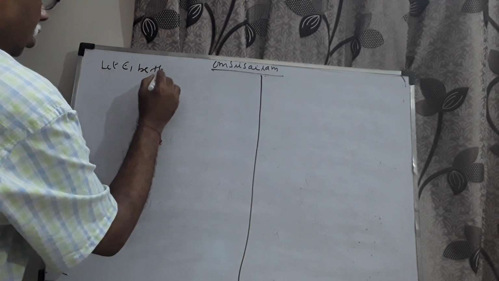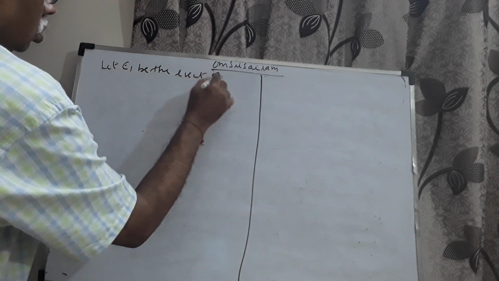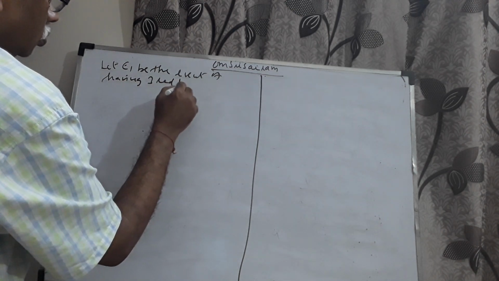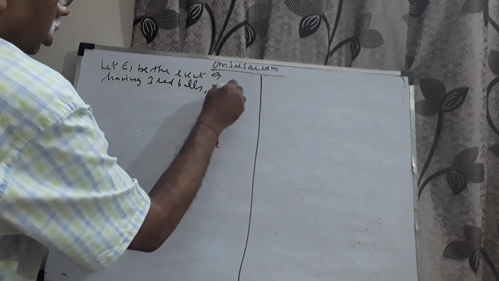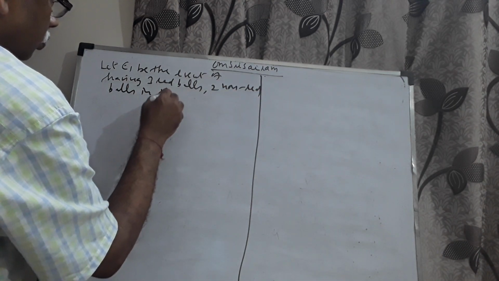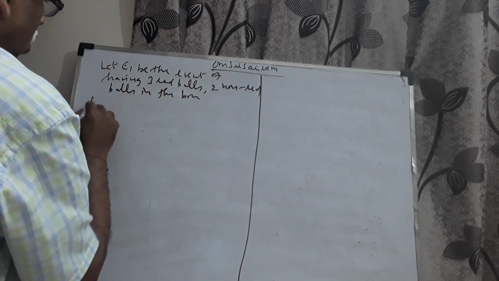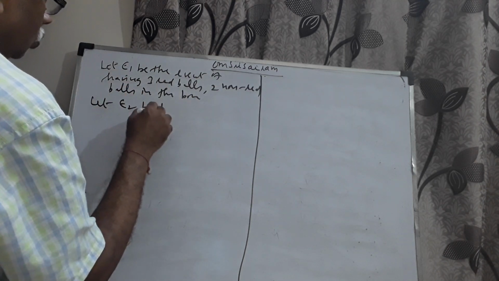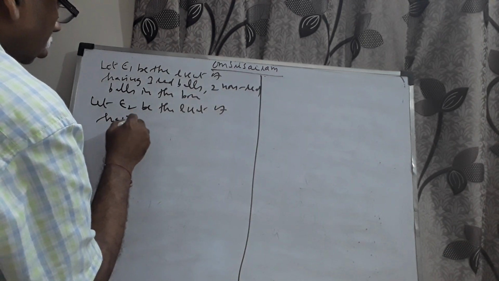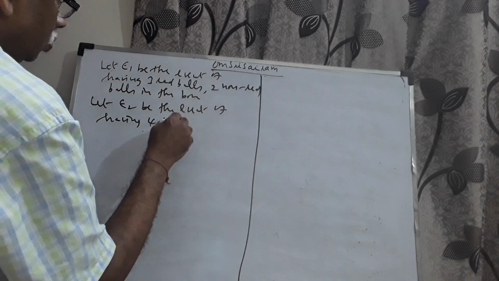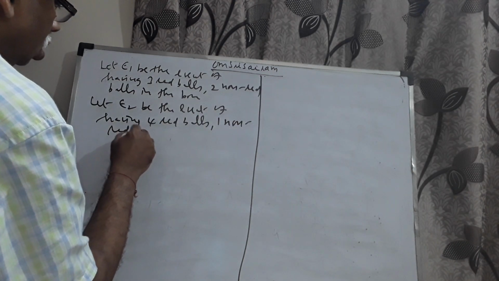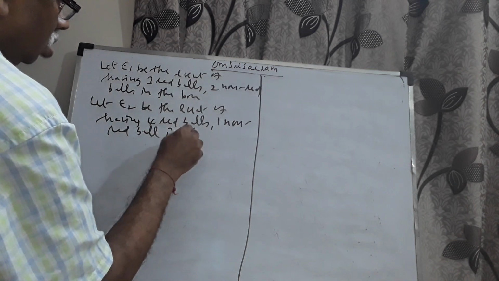Let E1 be the event of having 3 red balls, 2 non-red balls in the box. Let E2 be the event of having 4 red balls, 1 non-red ball in the box.